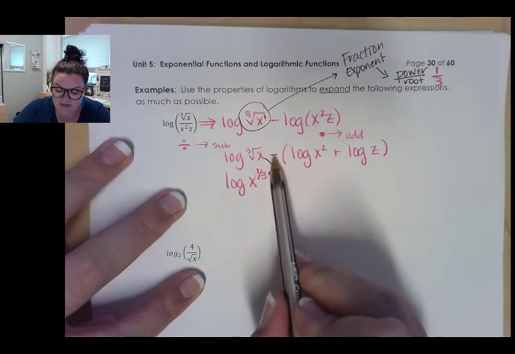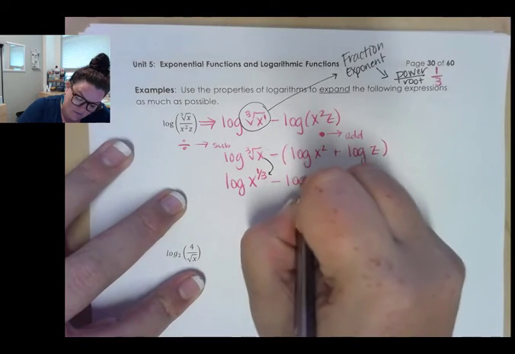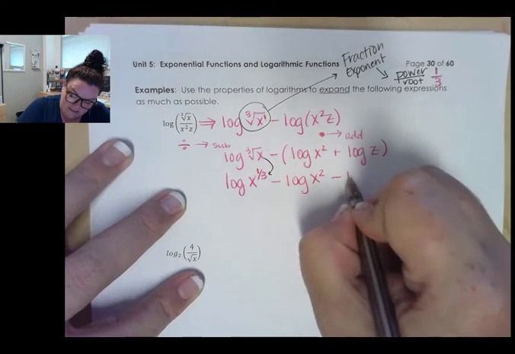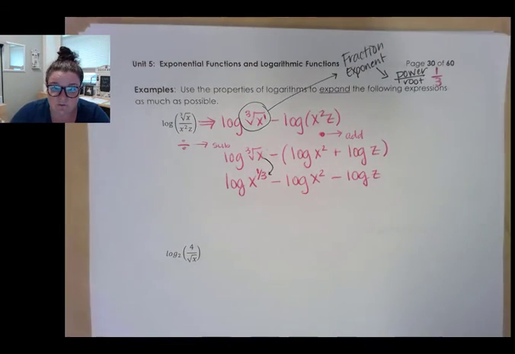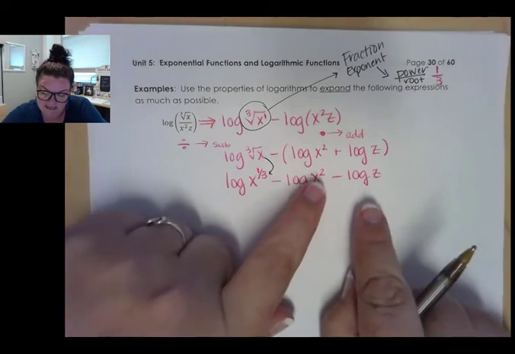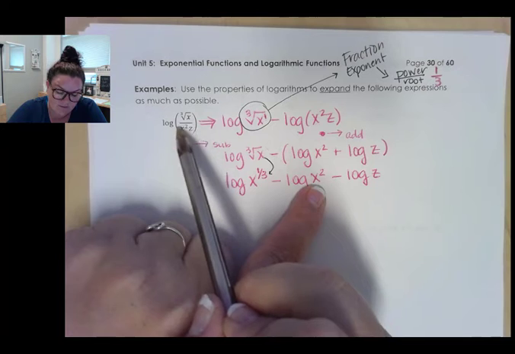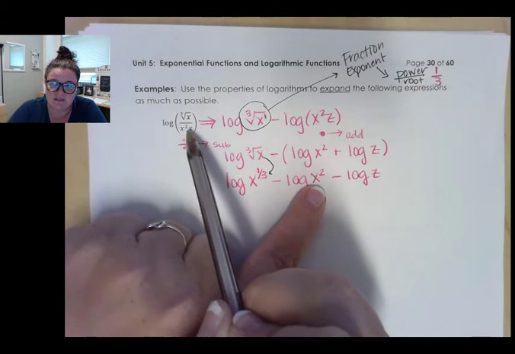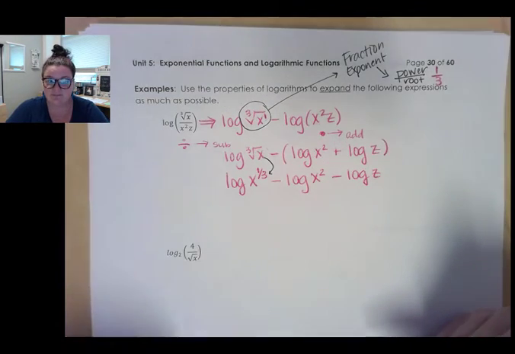All right, so let me go ahead and distribute this negative to both terms. So this becomes negative log of x squared minus log of z. Which makes sense when we think about it, because notice the x squared and the z both came from the denominator originally, right? So if they both came from the denominator, both of those terms should be subtracted, okay?